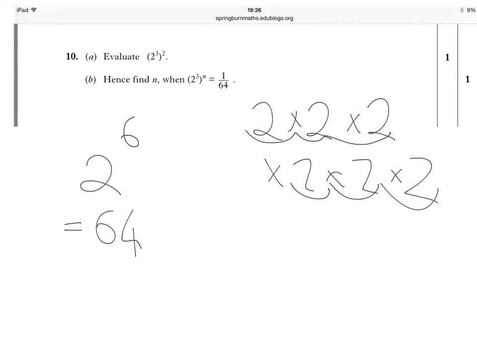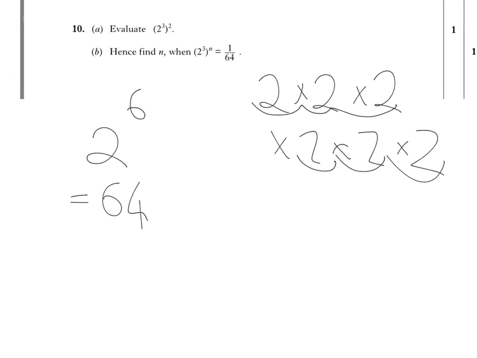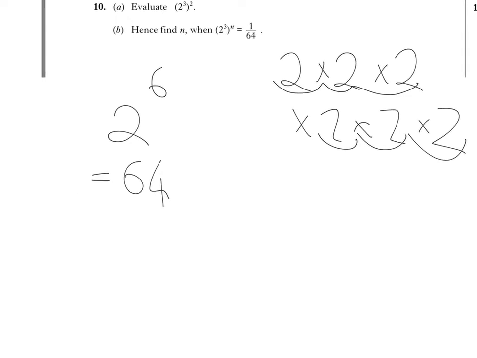Part B says, hence find n when 2 cubed, all to the power n, is equal to 1 over 64. Well, thinking about my rule of indices, which is a to the minus n is equal to 1 over a to the n.